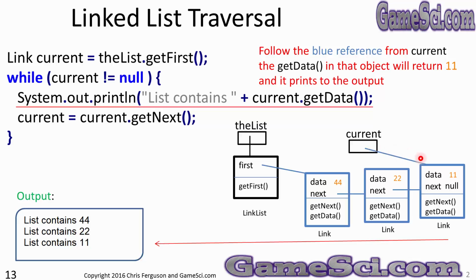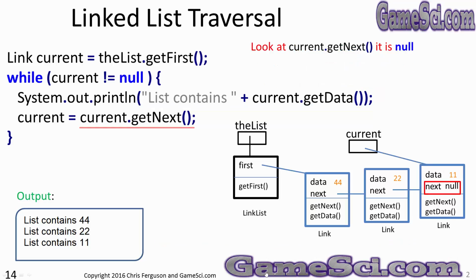Follow the blue reference to .getData. Current.getData will run this getData. This getData will return an 11. When it returns 11 to the caller, that 11 will go back and show up on the output. You can see where this arrow is pointing to where that 11 is. That 11 came from this object. Specifically, it came from current.getData, which accessed the data variable 11 and sent it back to the user. And 11 shows up there on the output.